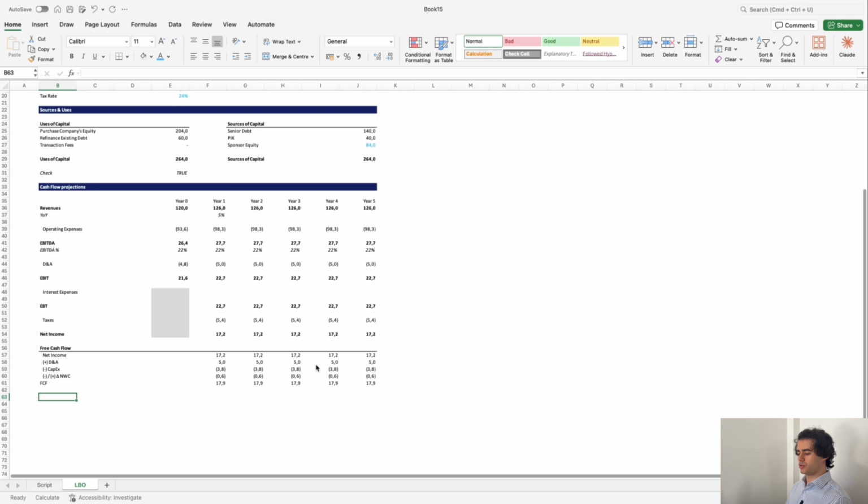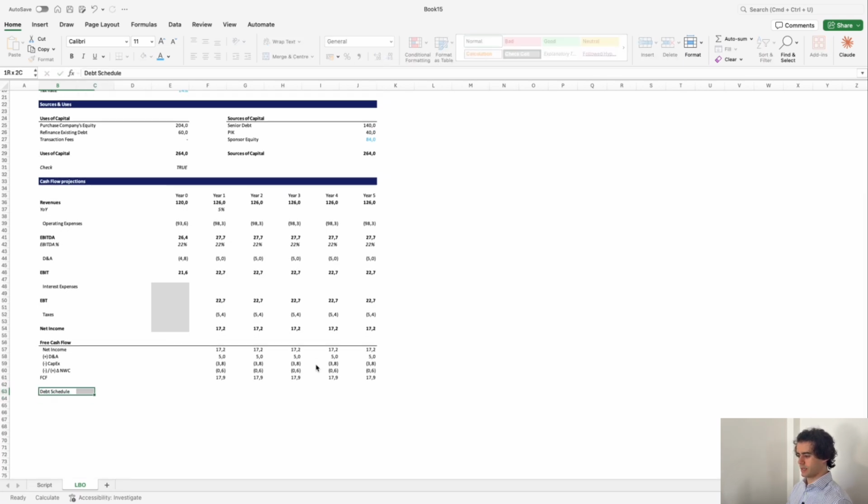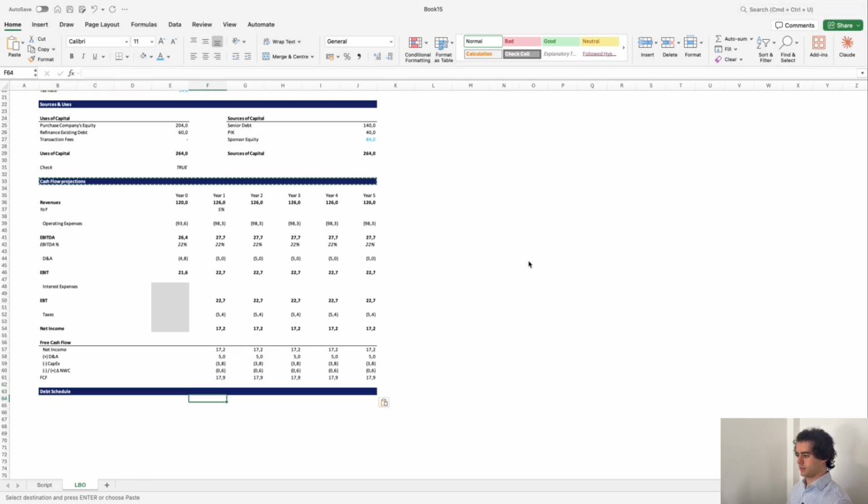Let's now go back to our debt schedule, and the exercise was asking to obviously divide the debt schedule of the senior debt and of the PIK. So let's start by projecting again our period. So we have our senior debt, and we have our beginning of period, cash sweep, and end of period.